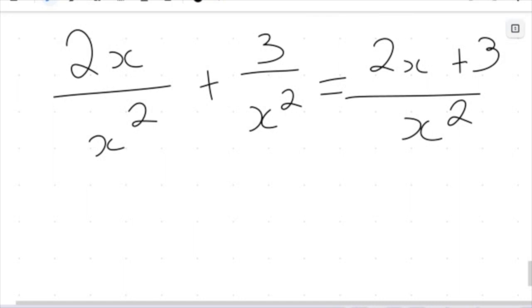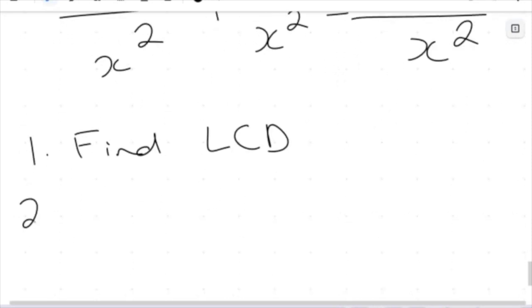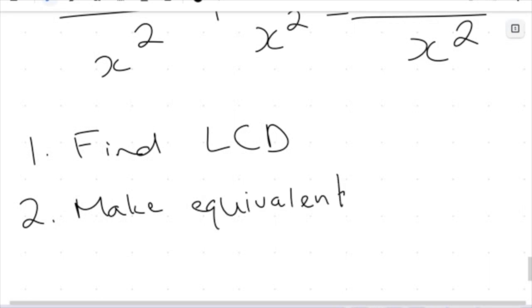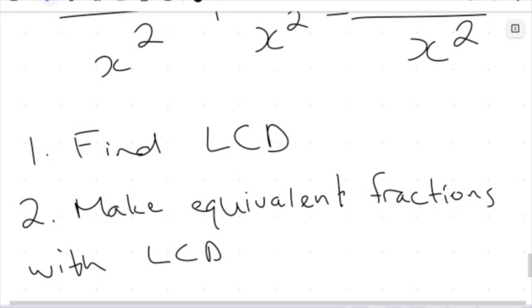That is to first find the lowest common denominator. We want to make equivalent fractions with the lowest common denominator, that lowest number, as the denominator of both fractions.